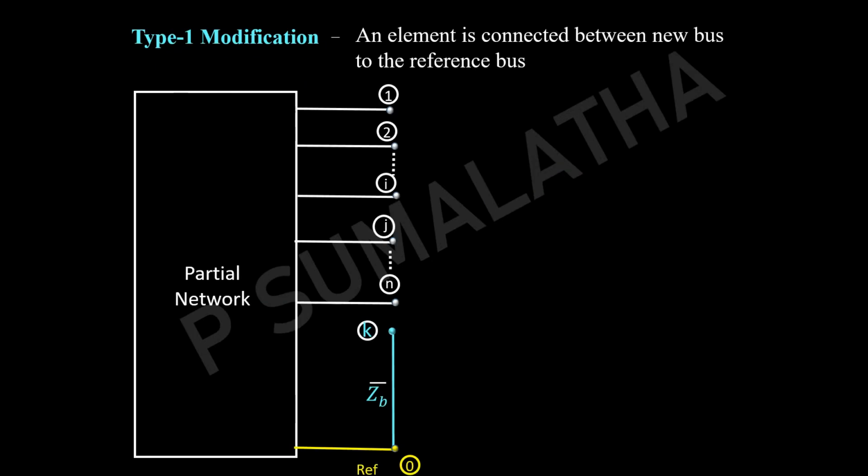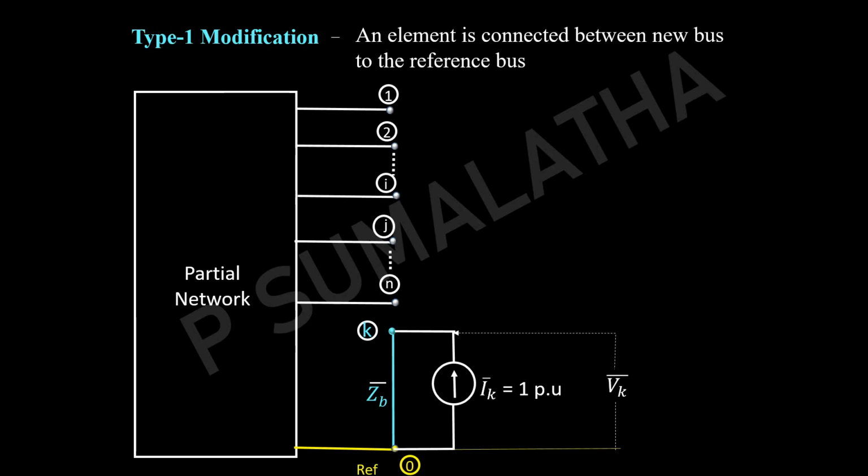So I have taken the same network which I have represented. An element is added between the kth node and the reference node. Now we are going to inject the current at the kth node of magnitude 1 per unit and there will be some voltage. The voltage appearing across the kth node to the reference node will be Vk.